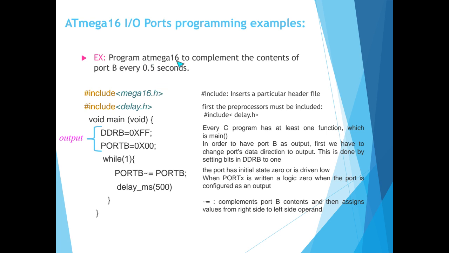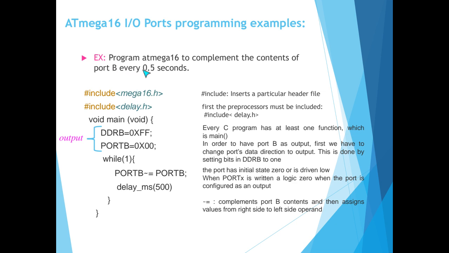However, if it wants us to program another AVR type, for example ATmega32, instead of mega16 we use mega32.h. So this is our preprocessor, including the header file of mega16.